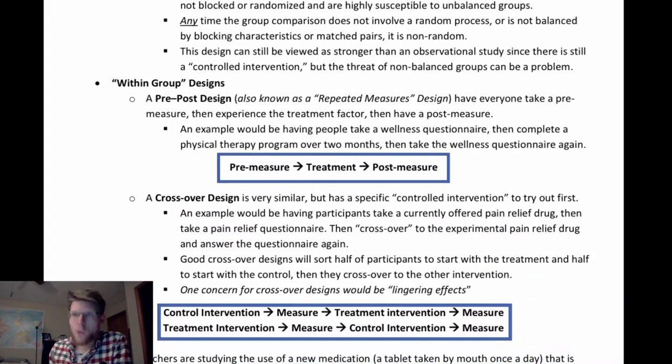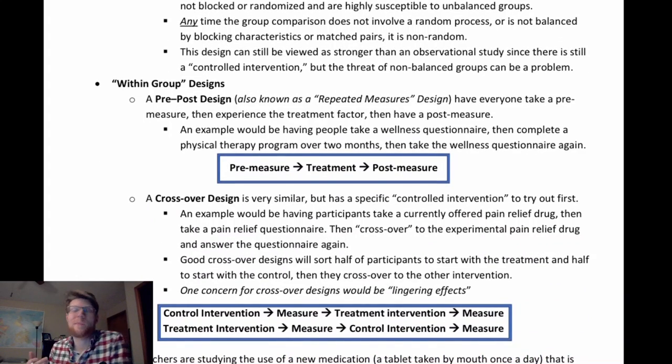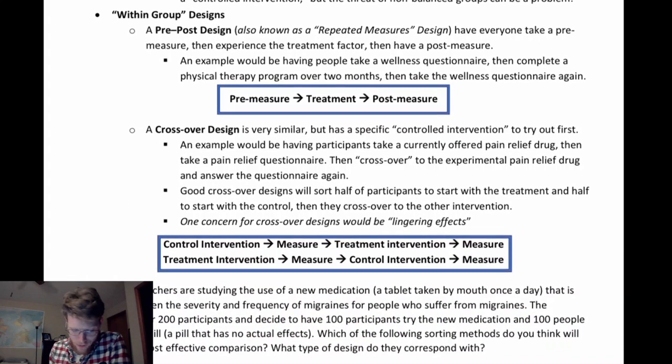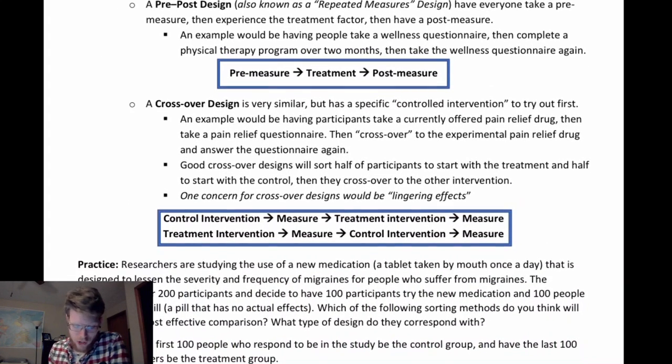So a crossover design is considered a stronger within-group design. That is when we have people do both things. In other words, we have a control intervention and a treatment intervention. So basically we randomly assign our people to either start with the control or start with the treatment.